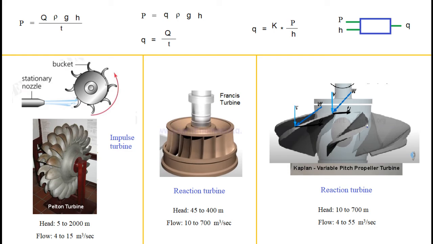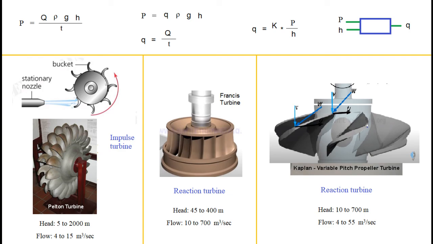This is categorized as a reaction turbine, where potential energy of water in the form of pressure is converted into mechanical energy. Francis turbines work in the range of water head between 45 to 400 meters and flow rate between 10 to 700 cubic meters per second.